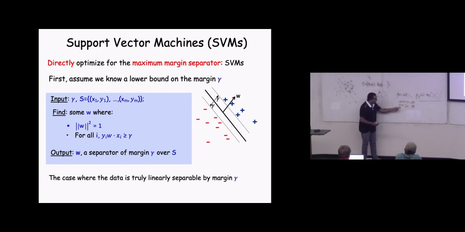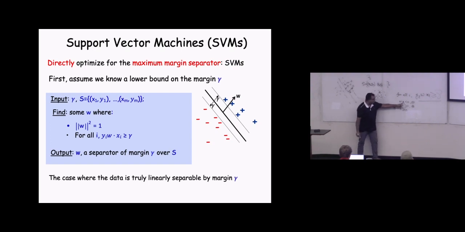What does this mean? So if I combine both formulas, that basically means perceptron was making sure that this positive or negative sign, if we multiply that with W dot x, should always be greater than or equal to 0. Right?